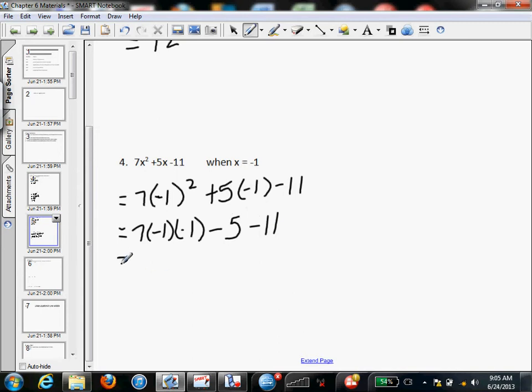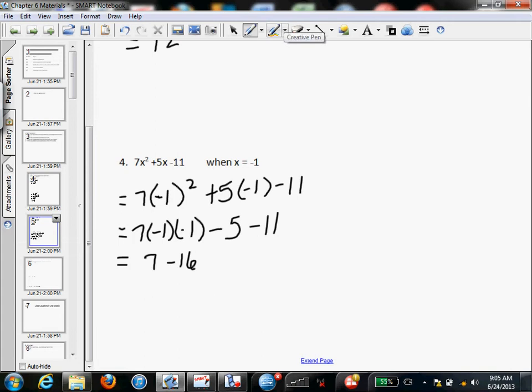Now, if we simplify this part, 7 times, a negative times a negative, that's a positive. So this is just a positive 1 times a positive 7, so that's just 7. Okay, and if we look at this part right here, a -5 minus a -11, we're going to have a -16.